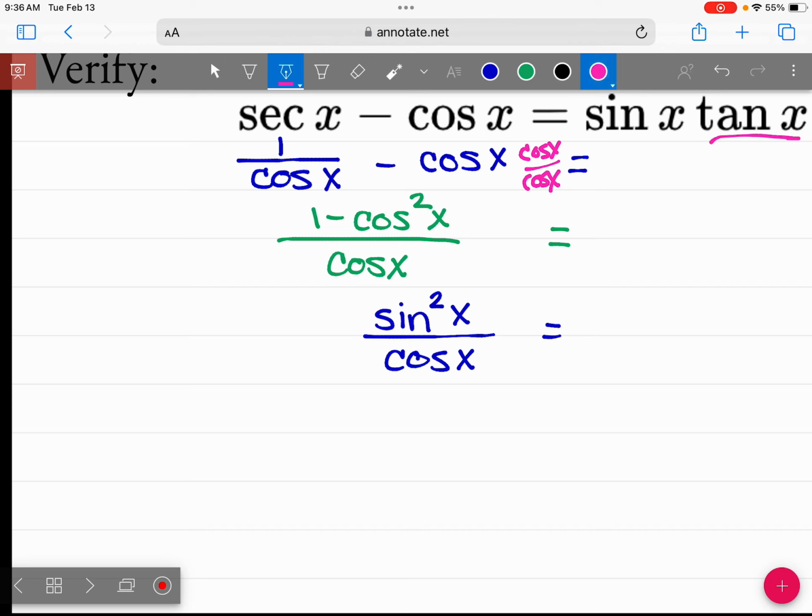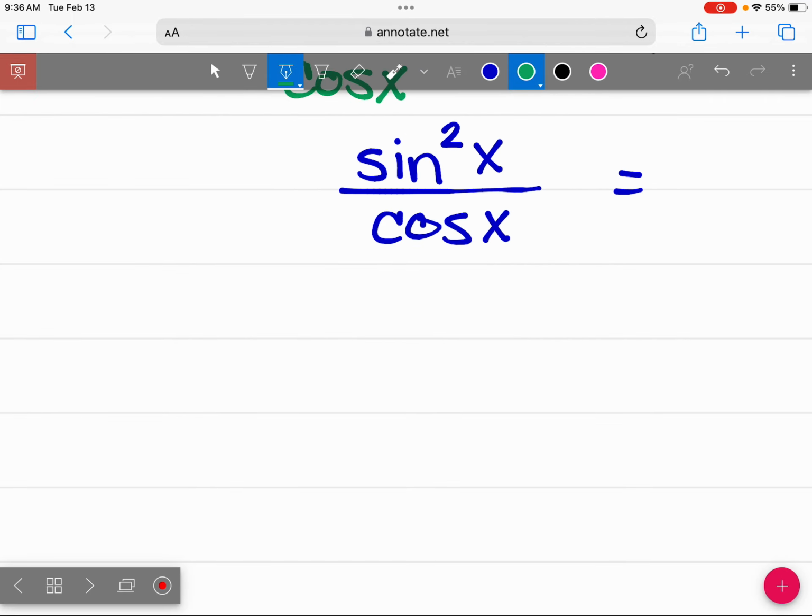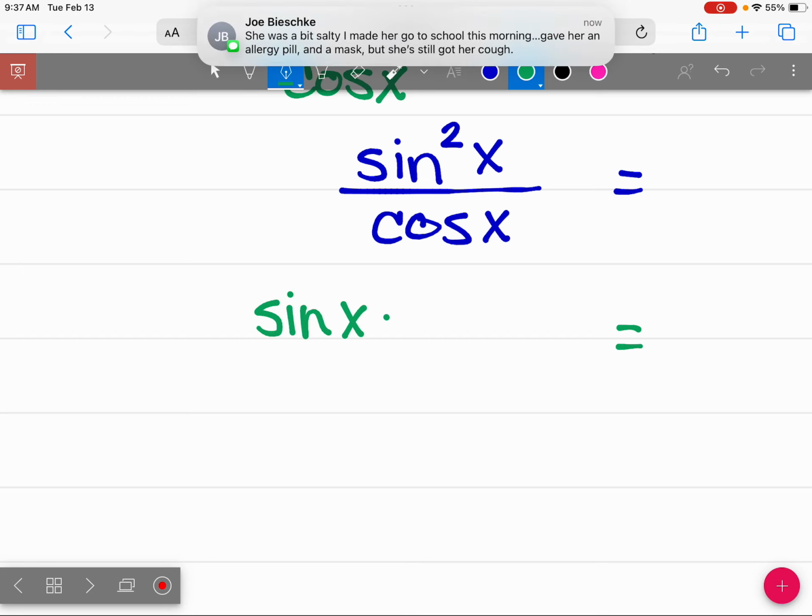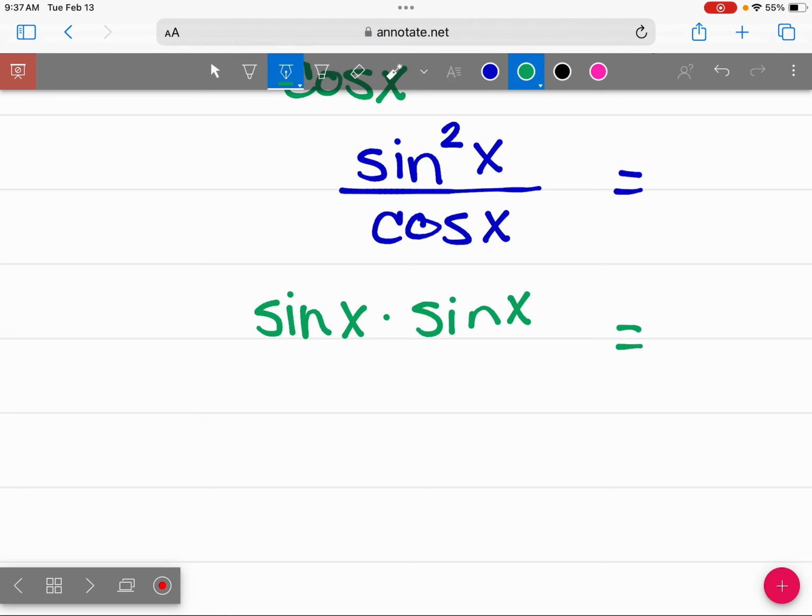Our goal has a tangent in it, so let's split apart our sine so that we can make a tangent. So I can split my sine squared into being sine of x times sine of x over cosine of x.